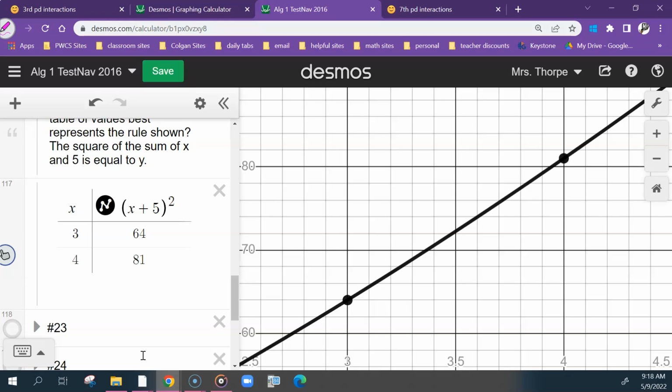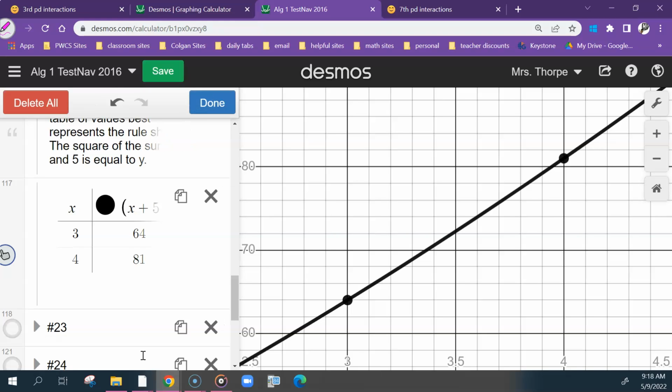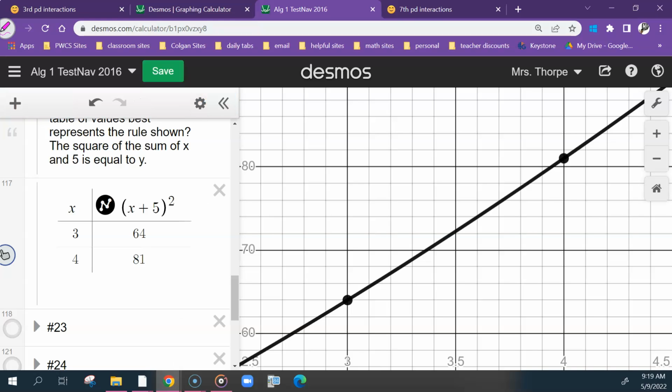I put in this function, went to the gear wheel, made it a table, and then I put in the values 3 and 4 and it gave me 64 and 81. So our answer for that one would be C.